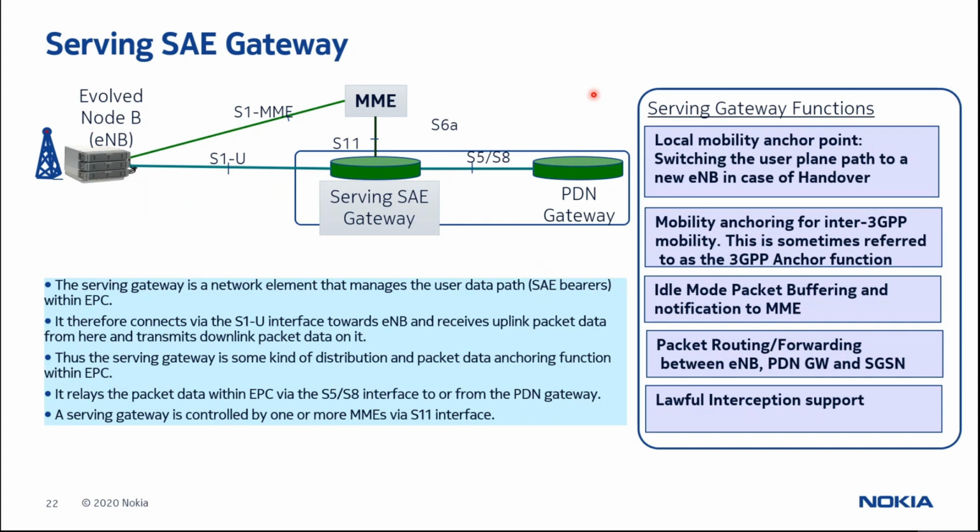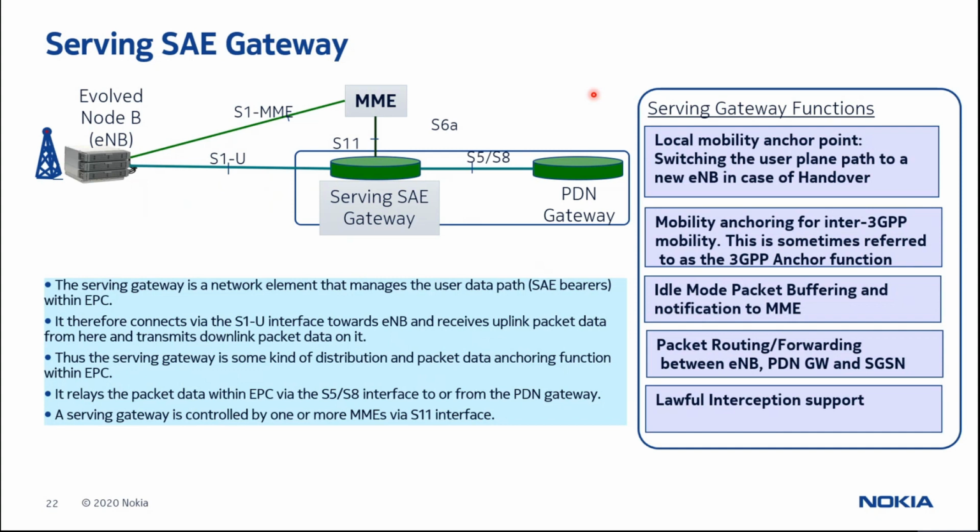When the coverage area changes, the eNode B also gets changed accordingly. So the direct connection between the eNode B and the serving gateway, what you call the user plane, will also get changed.